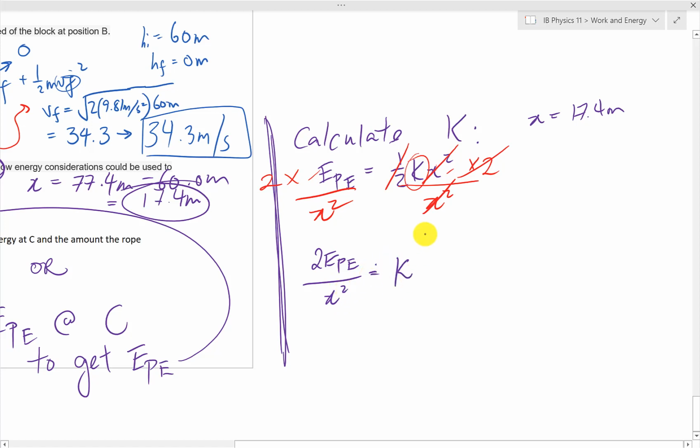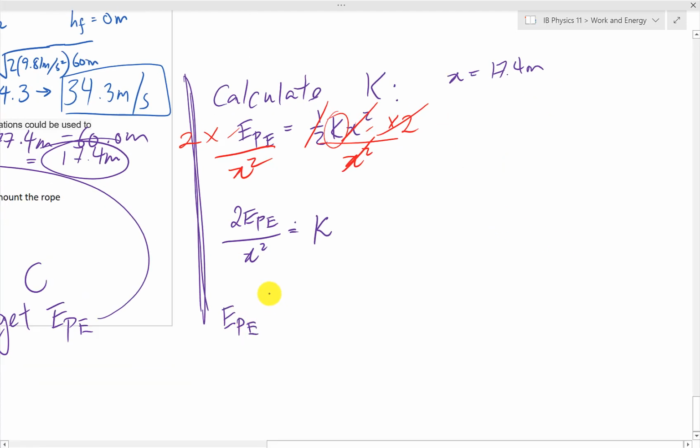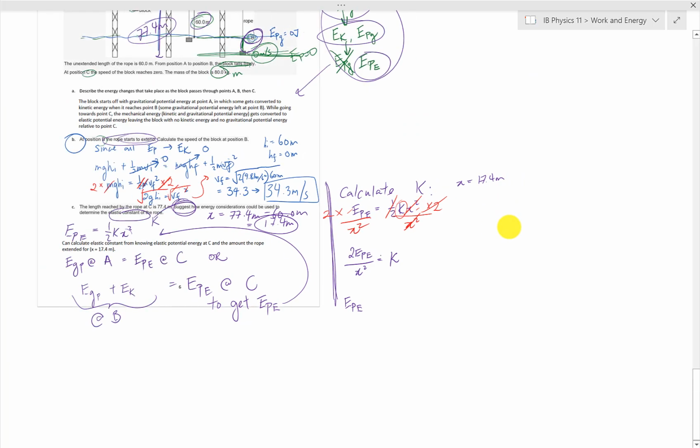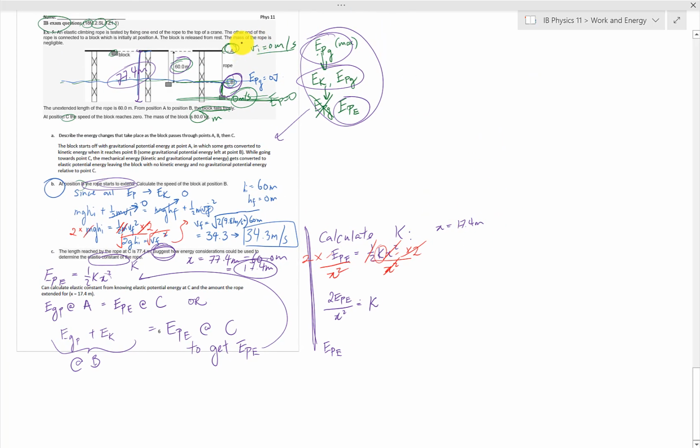Now I just need the elastic potential energy, and I'm going to use point A as my other reference point. At point A, I have gravitational potential energy relative to point C, because I'm going to convert all of this gravitational potential energy into elastic potential energy.